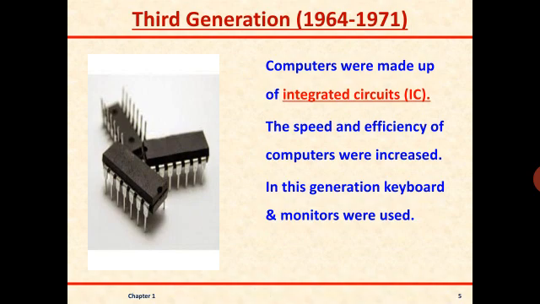They used a device called punch cards, which was used to enter the data and get the result also. But in the third generation, they started using keyboards and monitors. We know the keyboard is used to enter the data, and a monitor displays the data.